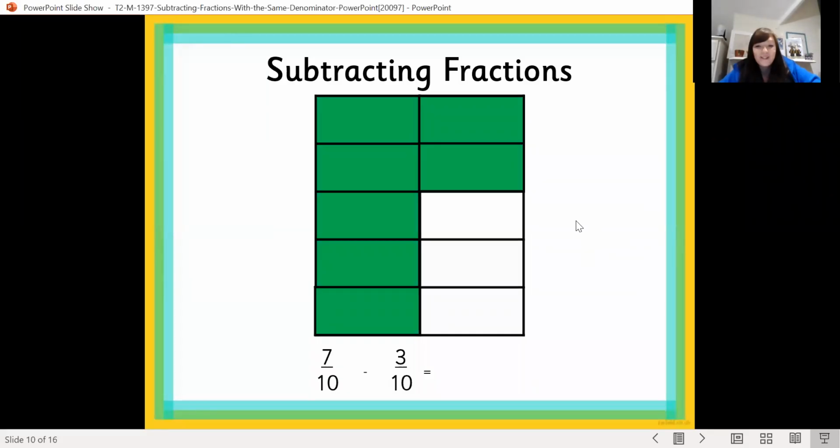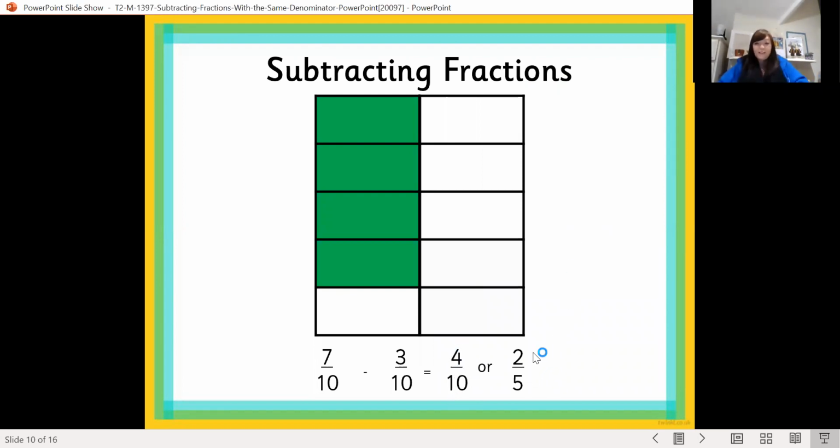Okay, good. You should have 7 take away 3 is 4/10. That again can be simplified to an equivalent fraction, a smaller one, and that would equal 2/5 because 4 and 10 can both be divided by 2.